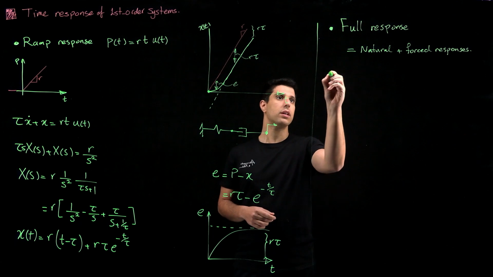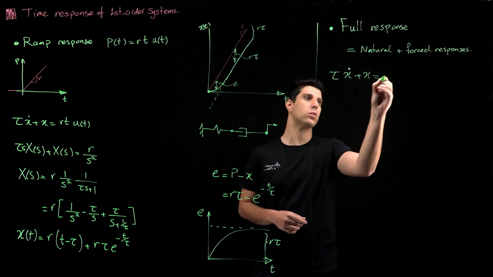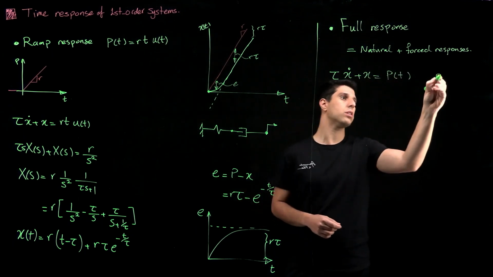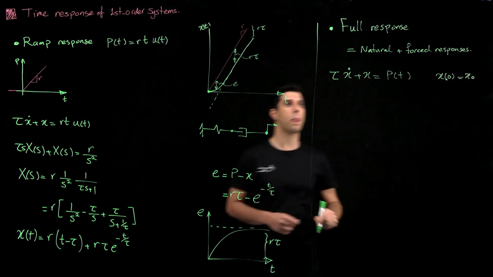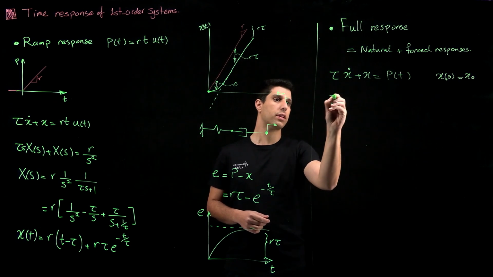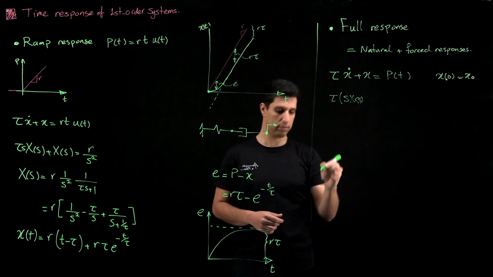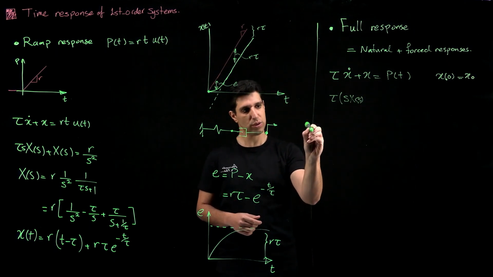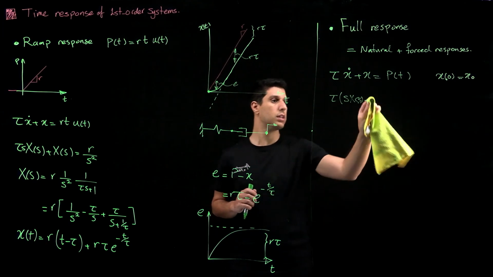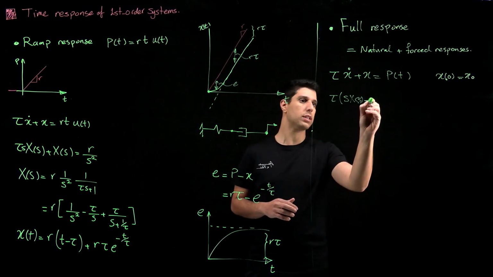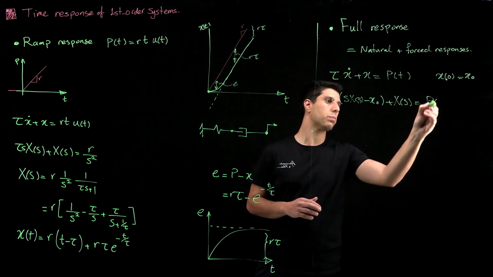And if I want to write it, tau x dot plus x equals some p of t with non-zero initial condition of x of t equals 0, x naught. So this will have tau, we wrote it before, s x of s minus x naught plus x of s equals p of s.